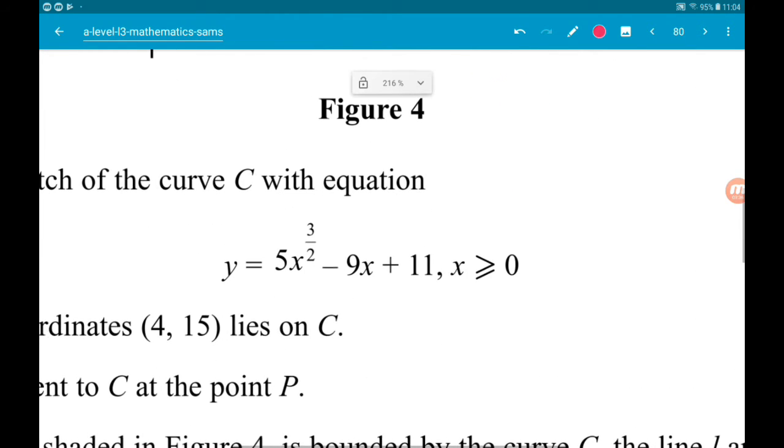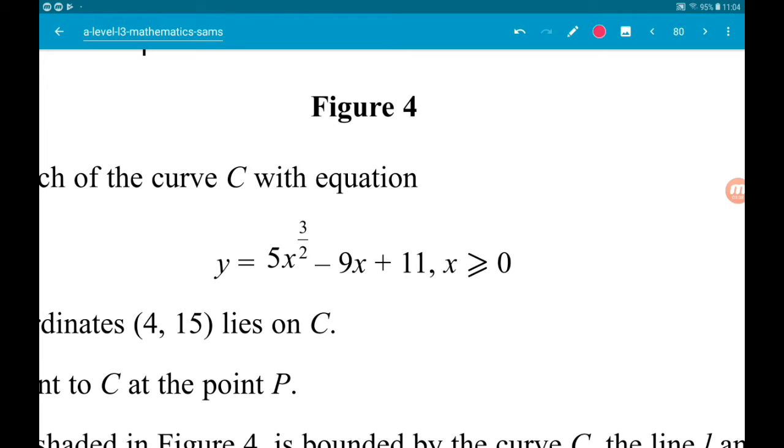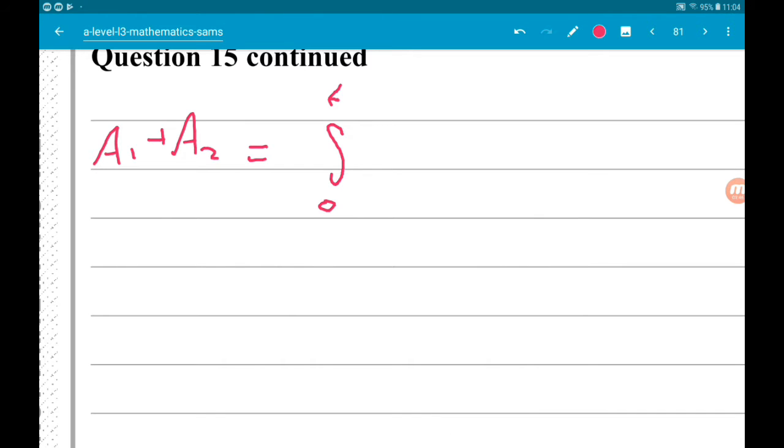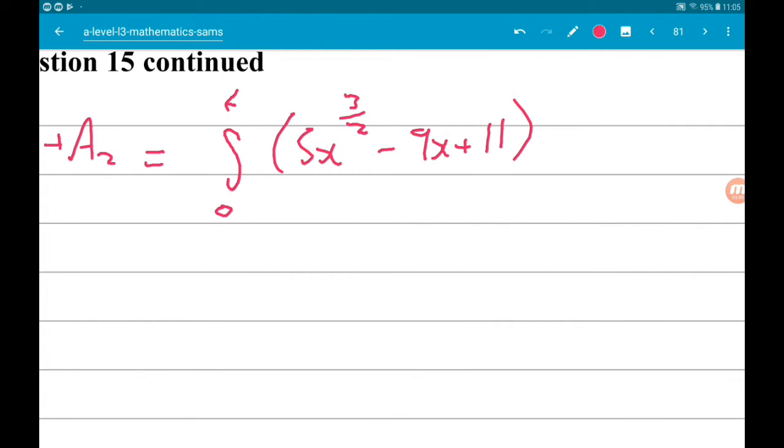So 5x to the 3 halves minus 9x plus 11. Lovely. With respect to x.